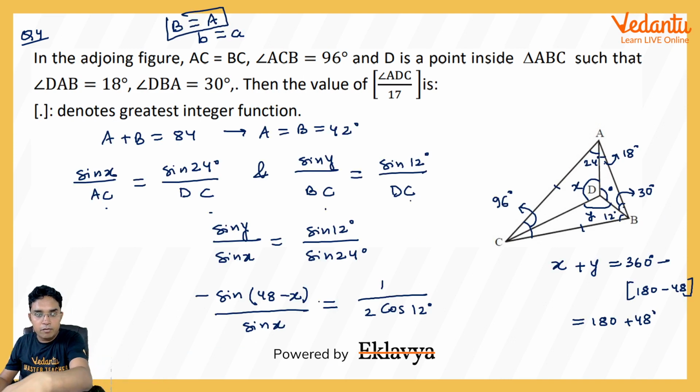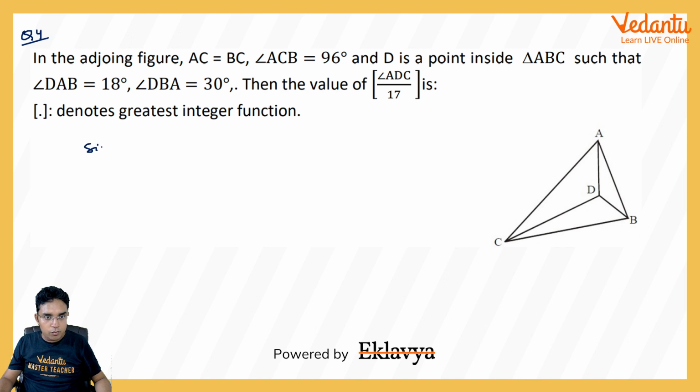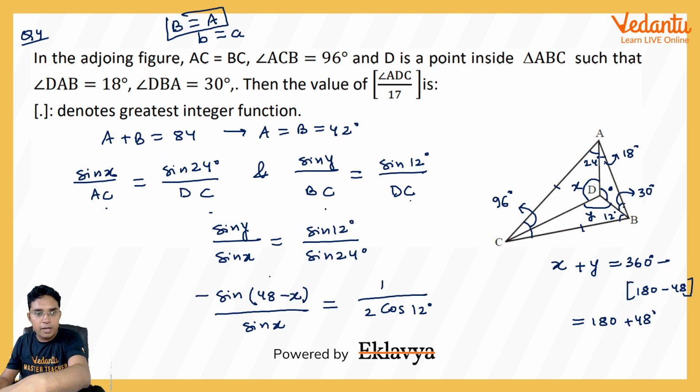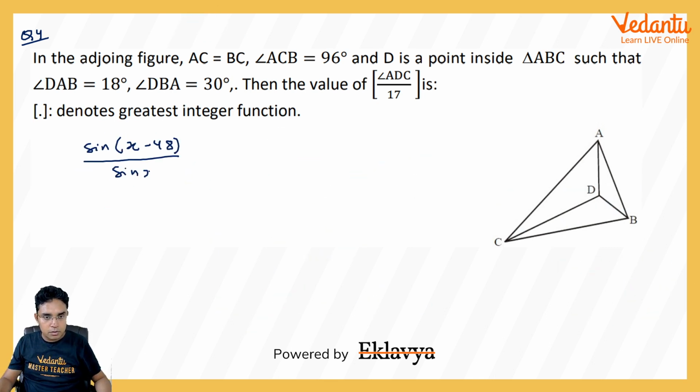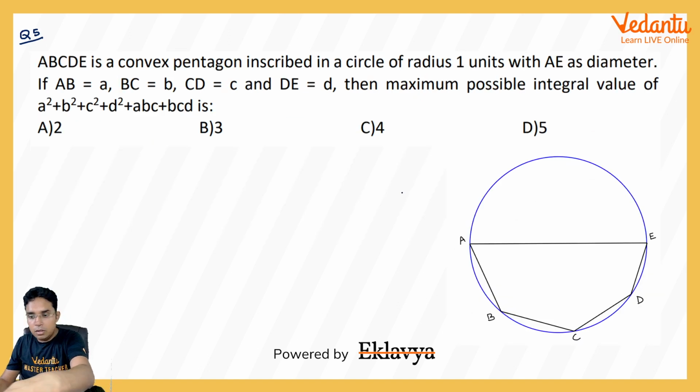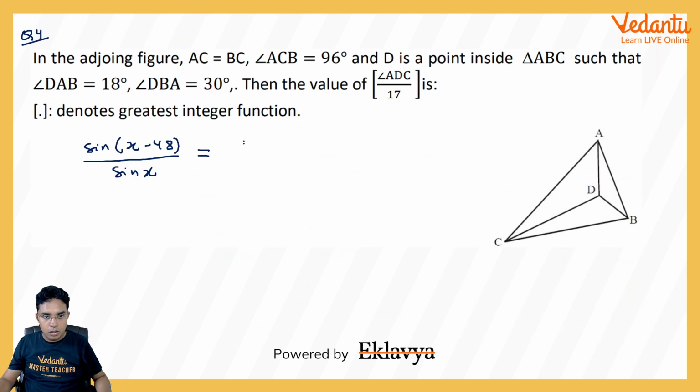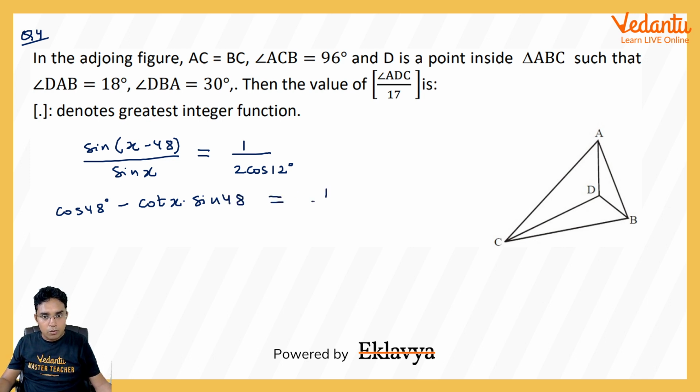So what we have got in our previous slide, I can write this as sin of X minus 48, removing that negative sign and changing the sign of the angle also, upon sin X, and this is equal to 1 upon 2 cos 12. Now if you open it by the sin A minus B formula, we will get cos 48, because sin X will be cancelled, minus cot X into sin 48, and this is equal to 1 upon 2 cos 12 degrees.